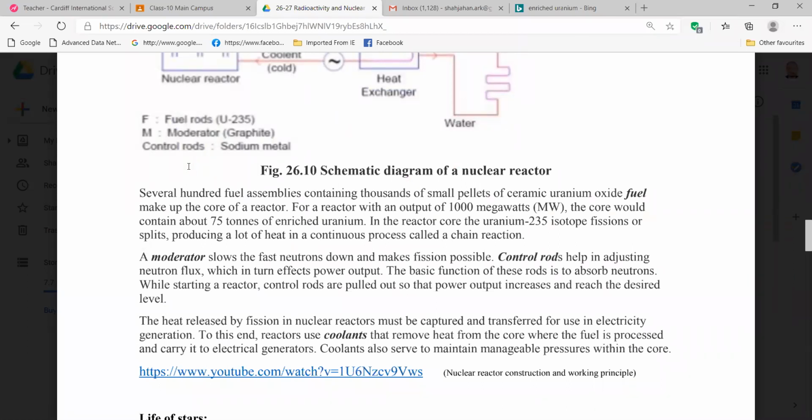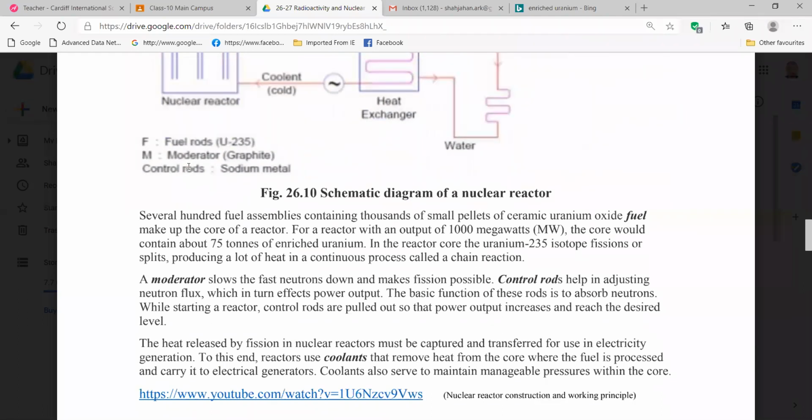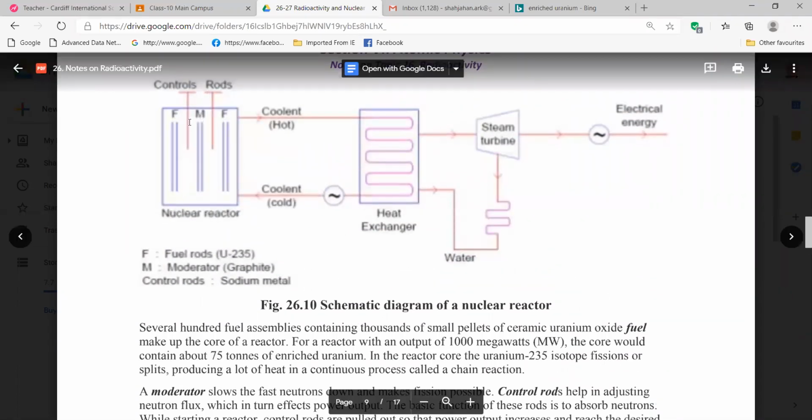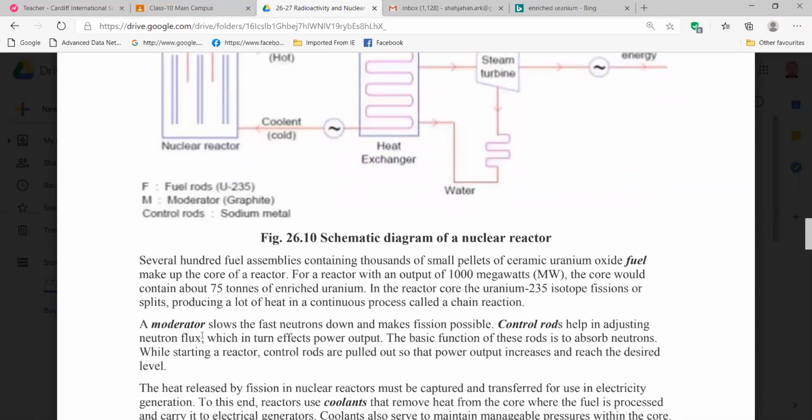And if your power station has already stored lots of energy production, that time we are controlling the reaction more, because we need less electricity now, right? If we need more electricity or more heat energy, that time we are taking it out, we are taking it up. Then we have more reactions.